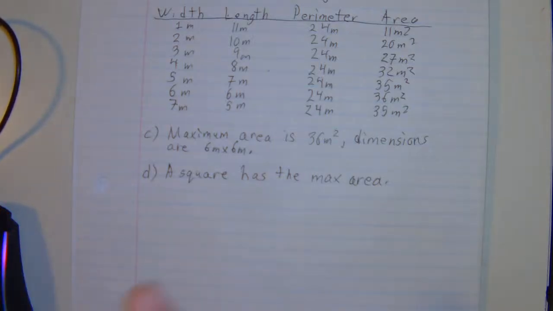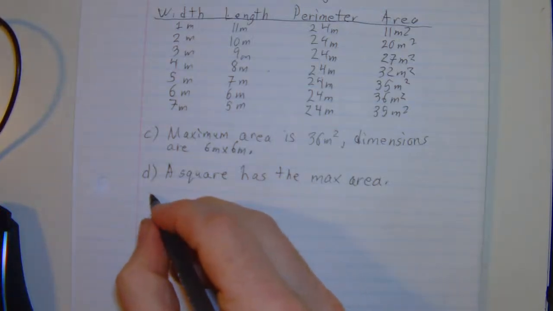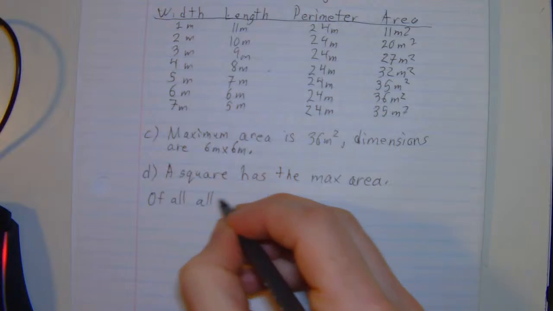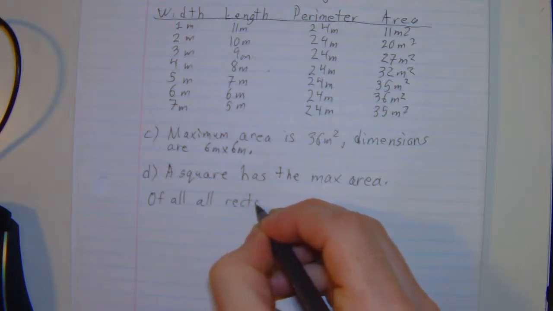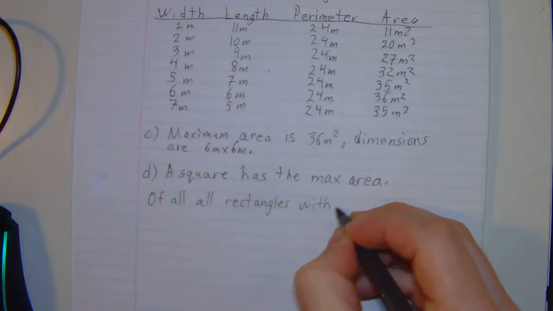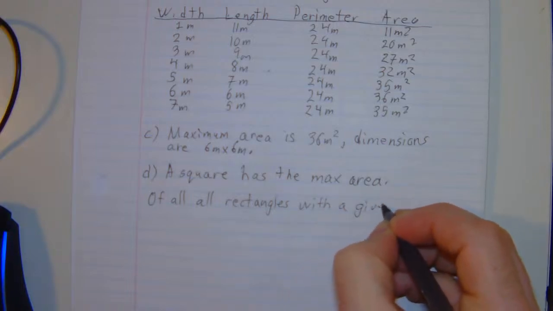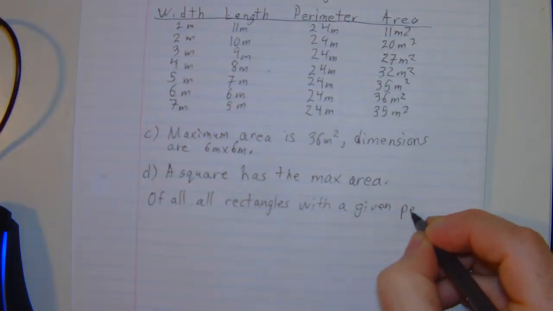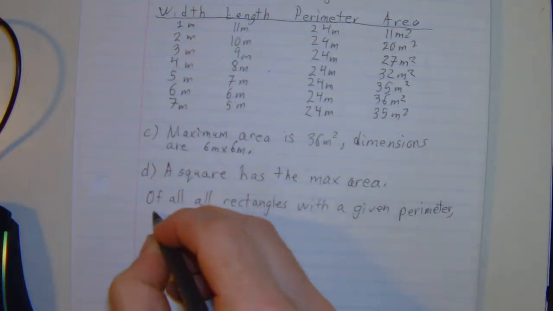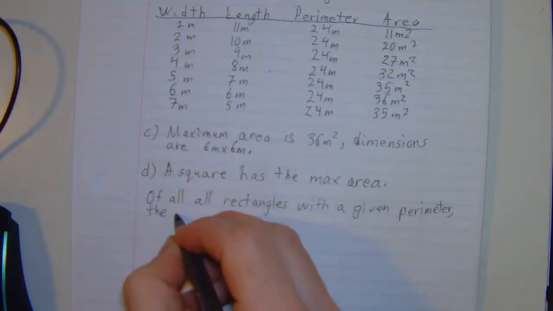So before we go on to E, let's write that as a conclusion here. Of all rectangles with a given perimeter, the square has the greatest area.